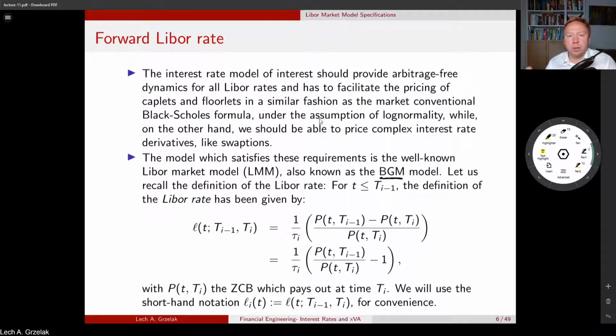So you can imagine that the existing blocks in the market were already created, and BGM, Brace-Gatarek-Musiela, connected all the dots, all the pieces that were currently used in the market, and based on that, they developed a new framework, which essentially was collapsing to the practices in the market, and at the same time was allowing people to price exotic derivatives.